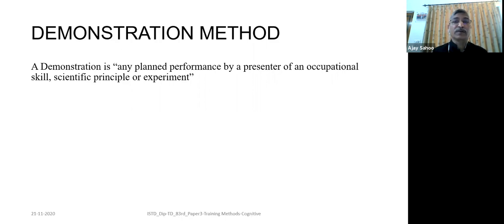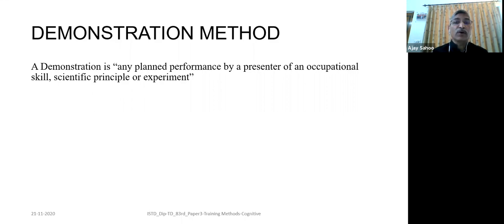Like if you are a chemistry teacher, then you would first give the theoretical input about, say, any equation or any salt which you want to prepare. Then you go to the lab, and whatever you have taught is demonstrated, and the students will follow suit.